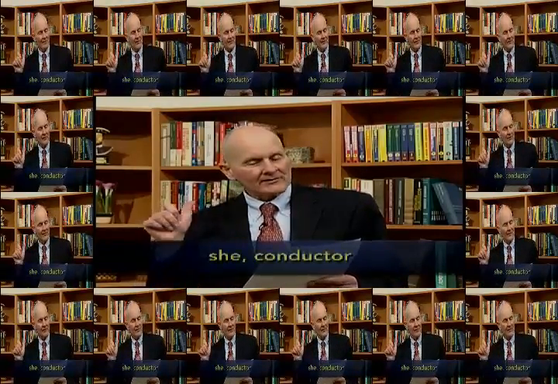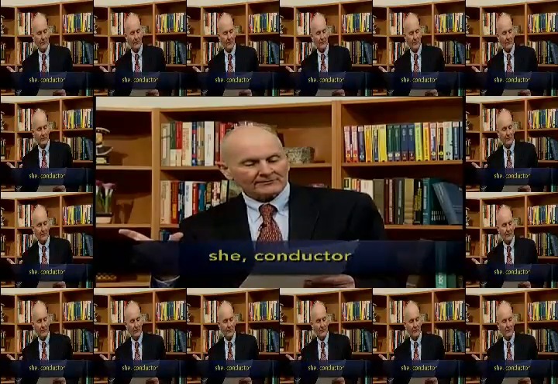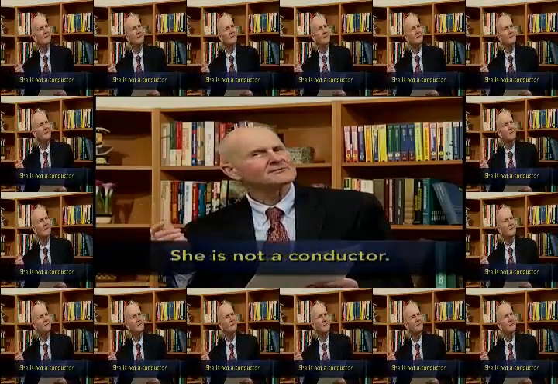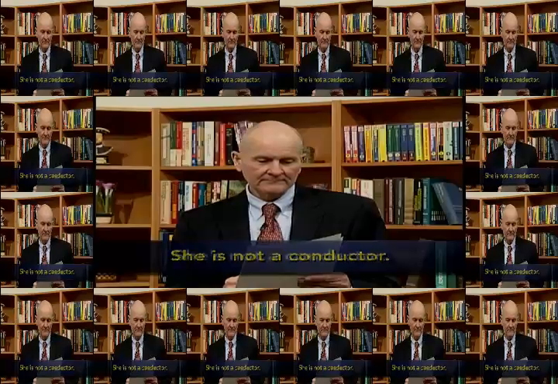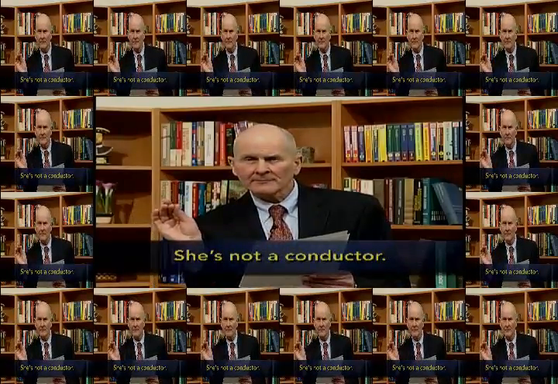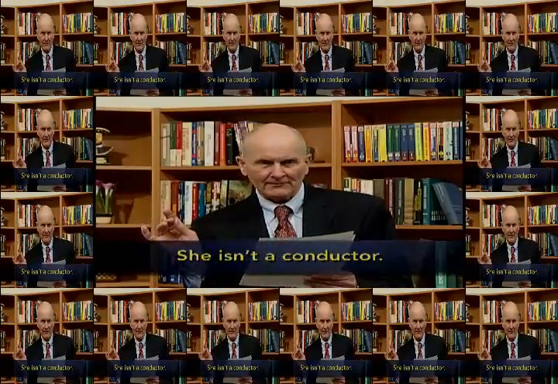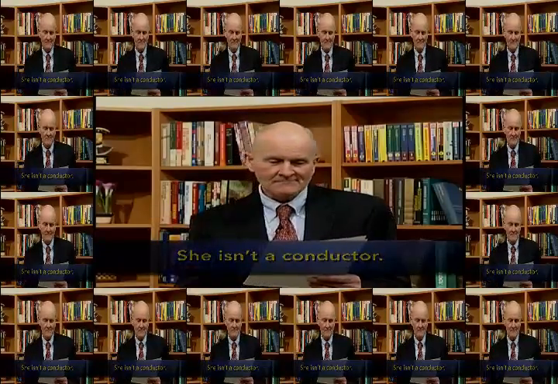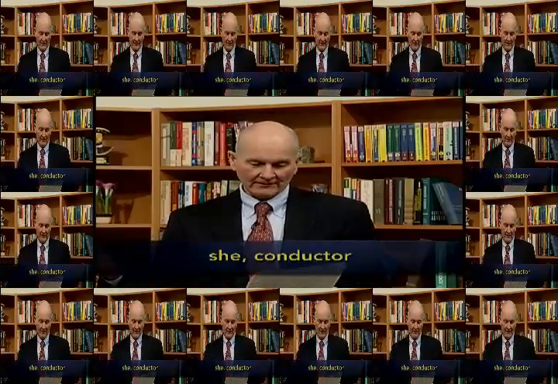Let me try it one more time. You make a negative sentence. So I say she, conductor, she is not a conductor. She's not a conductor. She isn't a conductor. Okay? Let's try some.